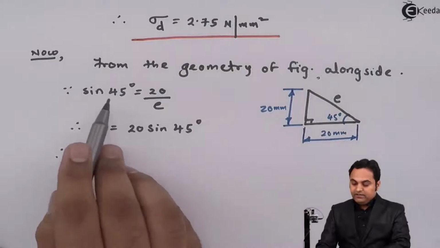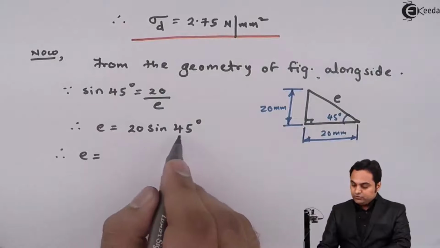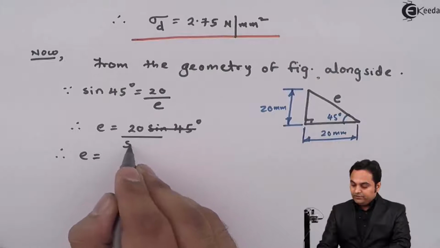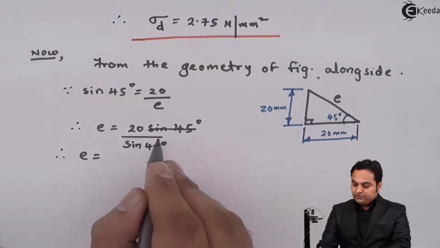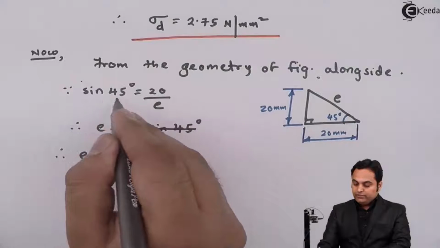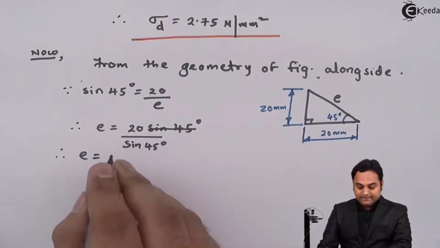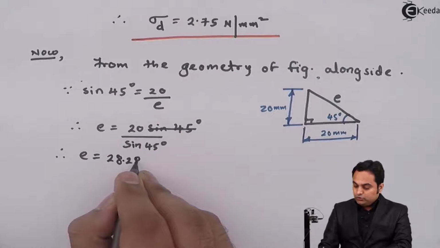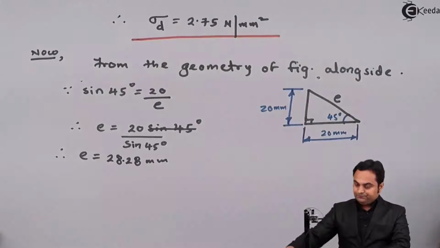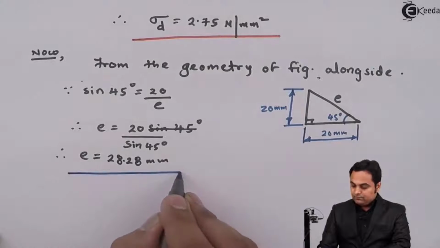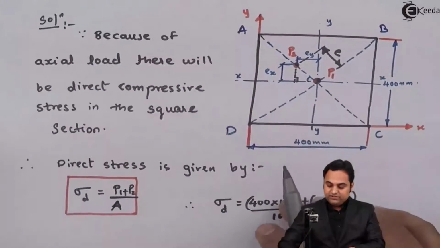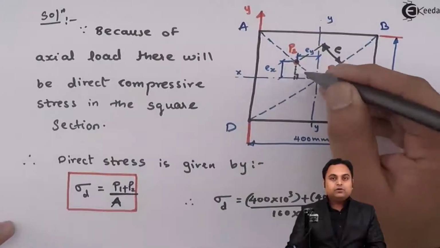Therefore E will be, since I am shifting E here, this sine 45 will not be in the numerator, it will be in the denominator. So 20 upon sine 45, and the answer is 28.28 mm. So I have found out the eccentricity of the load, which is the eccentricity on the diagonal.